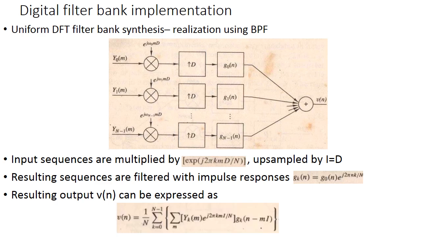You can relate this to the realization using a low pass filter also. There also we had 1 by N summation k is equal to 0 to N minus 1 and another summation over m covering the required output samples, and then we have Yk of m and e raised to j 2 pi k mI divided by N into the filter function gk of n minus mI.